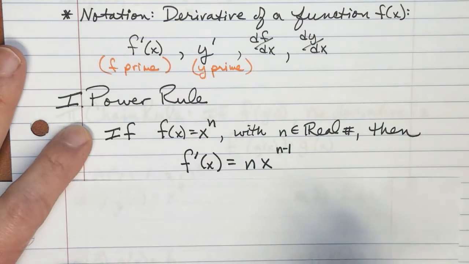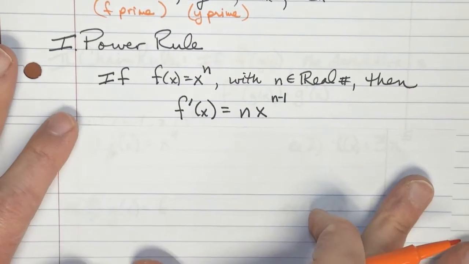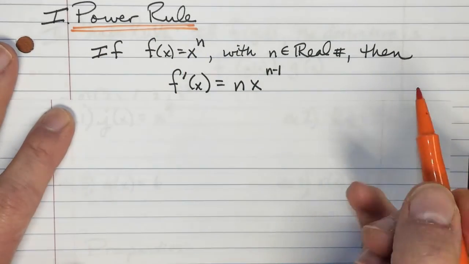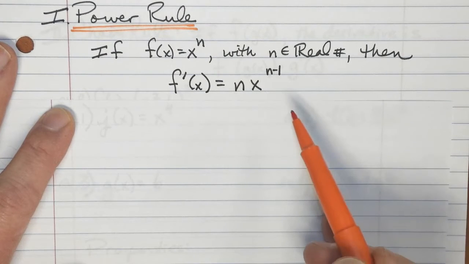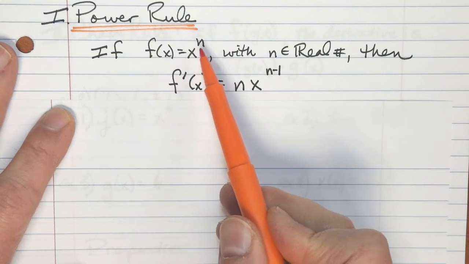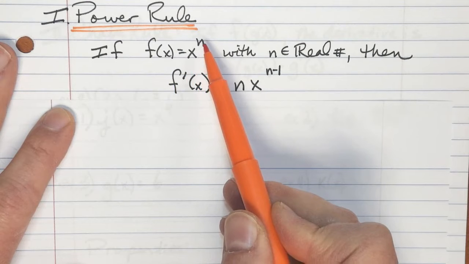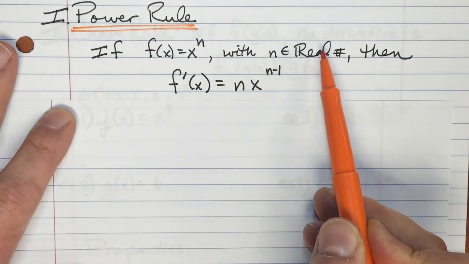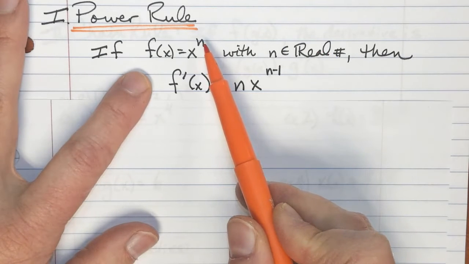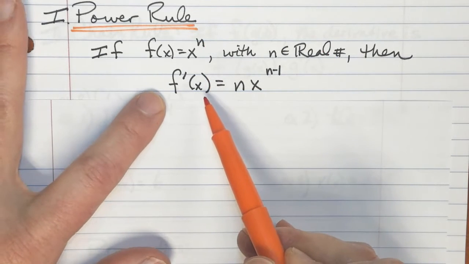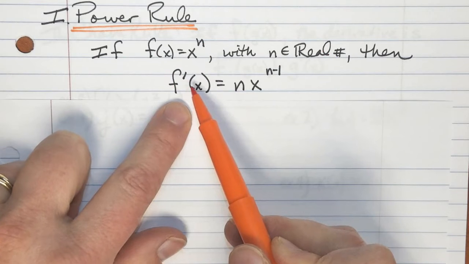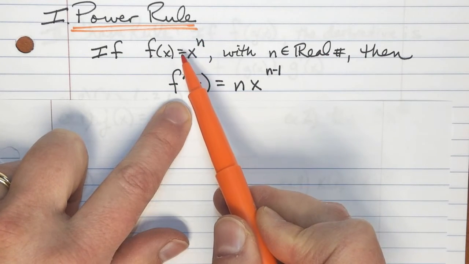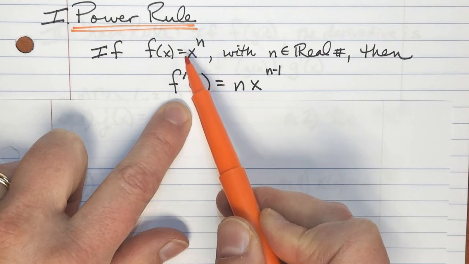So the first major way to calculate the derivative is using what's called the power rule. The power rule states that if you have a power function, x to the power of any real number, any real number can be in that exponent, then the derivative of that function is taking that exponent and bringing it down in the front, multiplying it by that coefficient.